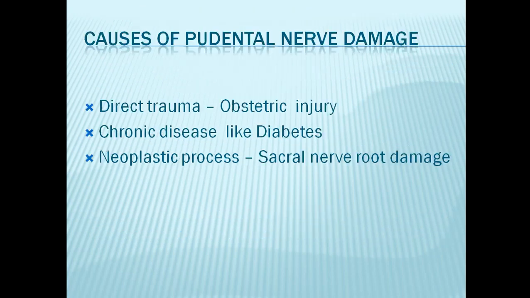What are the causes of pudendal nerve damage? It could be a direct trauma resulting from an obstetric injury, chronic diseases like diabetes mellitus, or maybe the sacral nerve root damage resulting from neoplastic necrosis. So these are the causes of pudendal nerve damage.